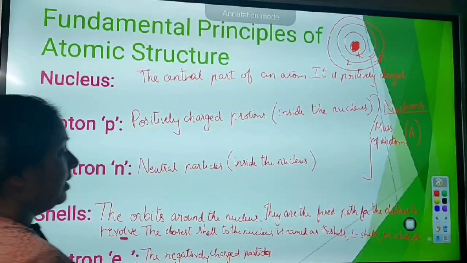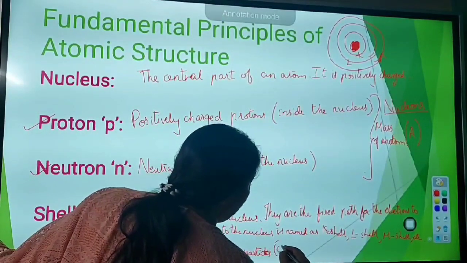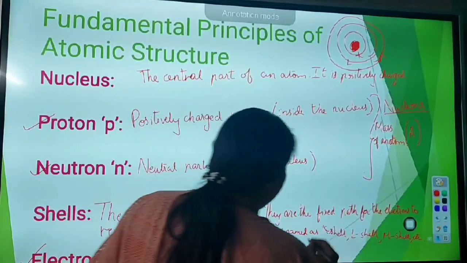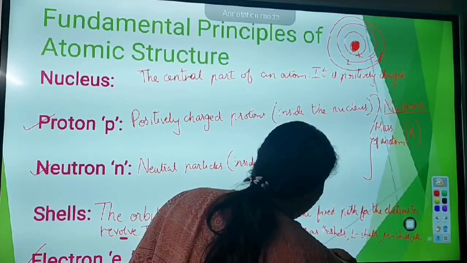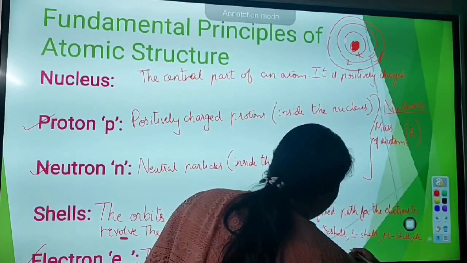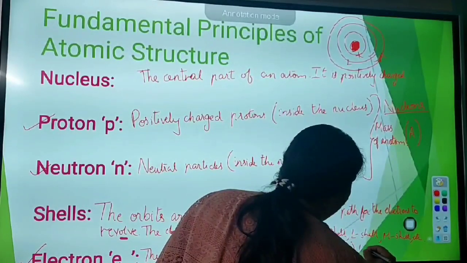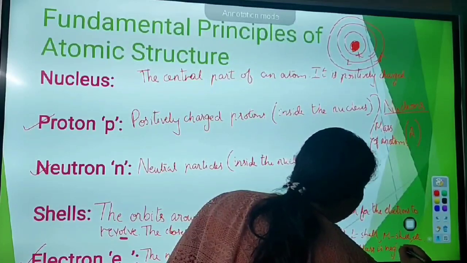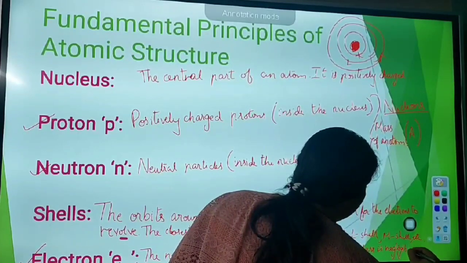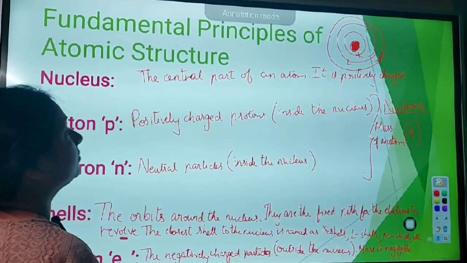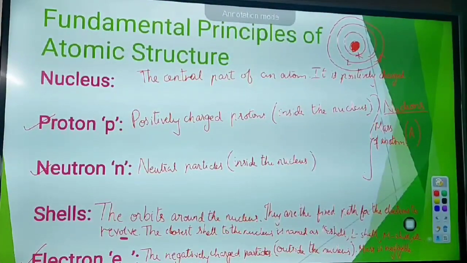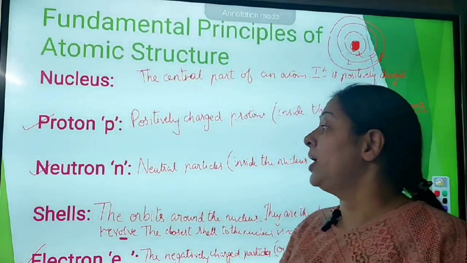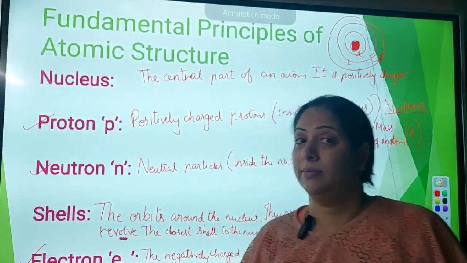Okay, children? Now these electrons are outside the nucleus, and their mass is negligible. Okay? Please go through what we've written till now. If you don't understand anything, please tell me.